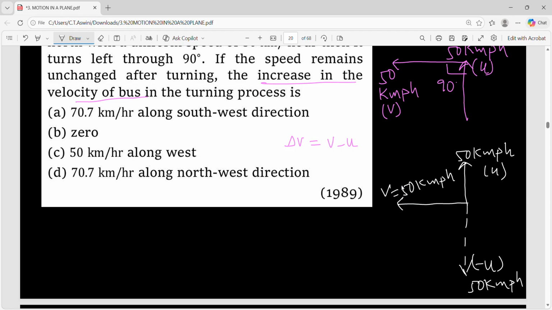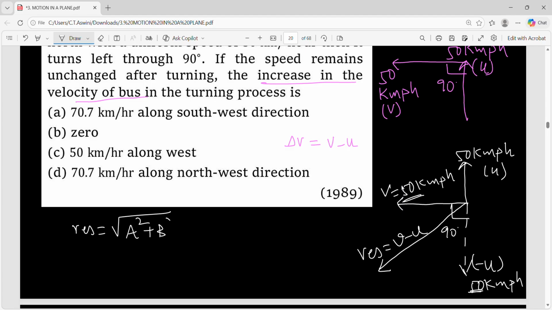So v minus u. Now how will you find this v minus u? This is the resultant and this will give you v minus u. So just find out the resultant. What is the resultant? It is under root of a square plus b square because they are at 90 degrees angle, and these are equal vectors, right? In the last class I told you, if it is equal vectors, you can apply a square plus b square, or if it is equal vectors, what do we do?